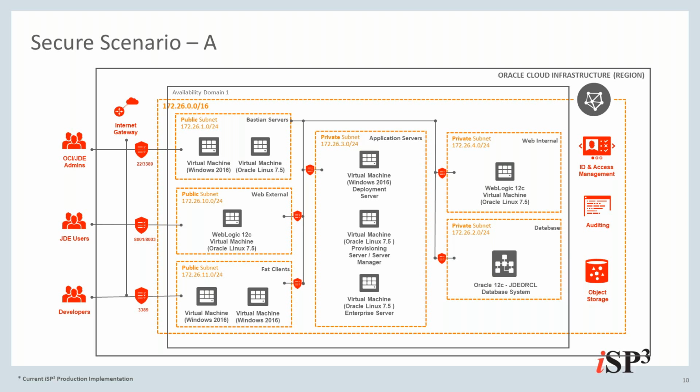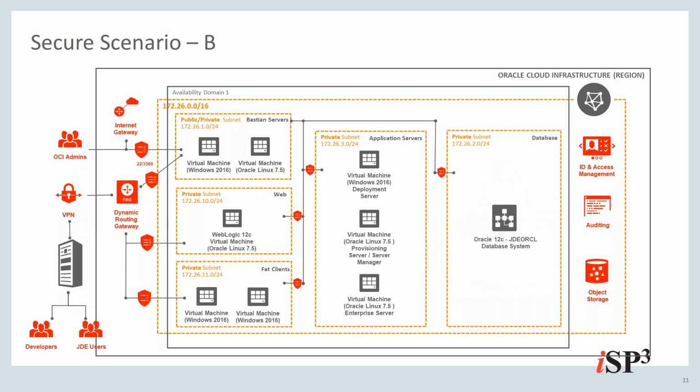Also, I'm going to explain another security model. This security model is good for an organization that has their on-prem and maybe their own data center. So basically, you are extending your on-prem domain to the public cloud. In this case, as you can see, all the subnets are private: private, private, private, private.